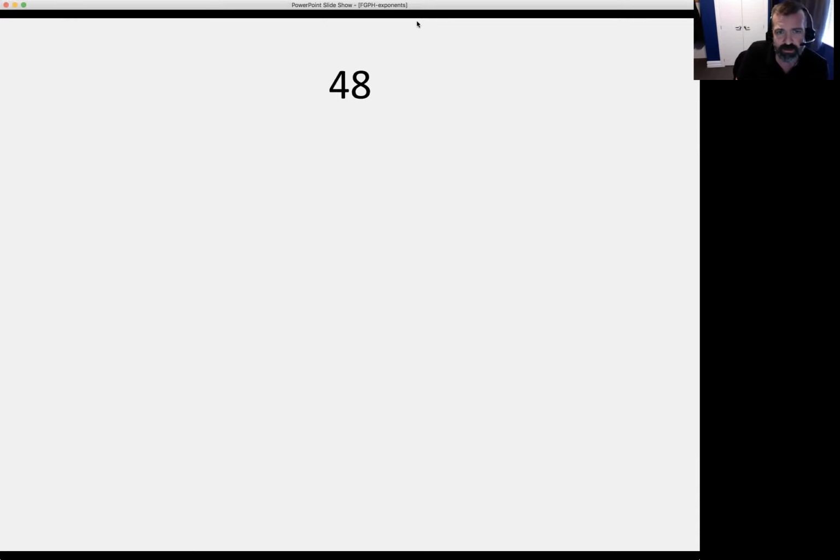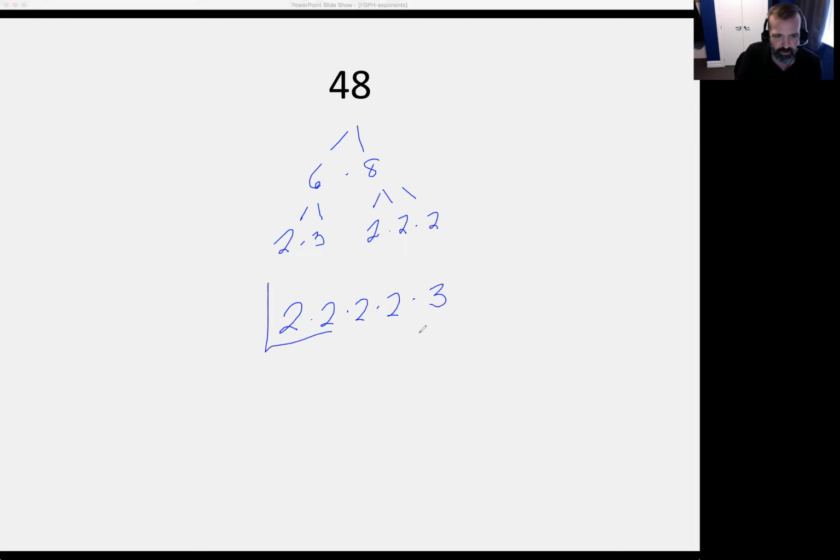When I see a number like 48, or I see it on a license plate, I've been doing this long enough that my brain just starts going, what are the ingredients of 48? 48 is 6 times 8, and a 6 gives me a 2 and a 3, and an 8 I've just memorized as 2 times 2 times 2. So I know 48 is made of 4 2s and a 3. So that's the ingredients of 48.